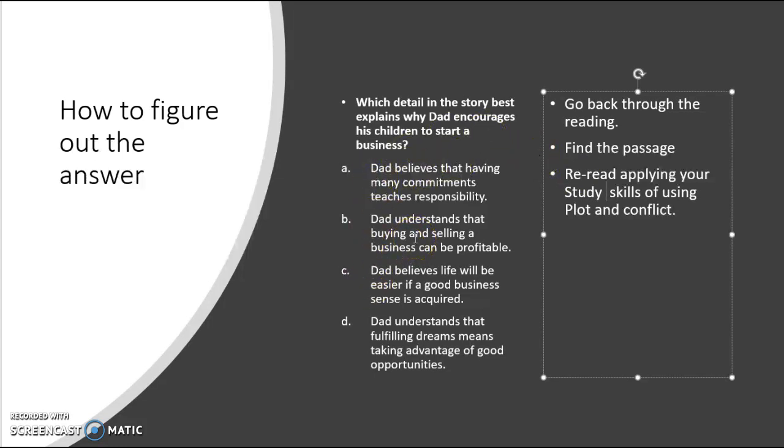But if you still don't know the answer, then go back and reread the section and find that passage. Remember, your YTOP is not a timed test, so you can have all the time that you want to take this test. Okay, so that's how I would recommend doing a reading test.